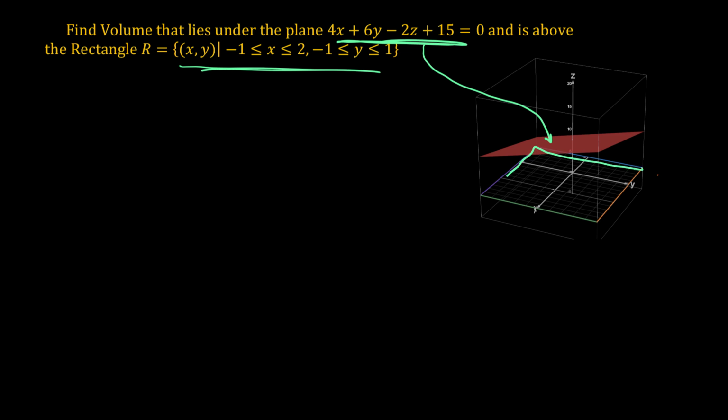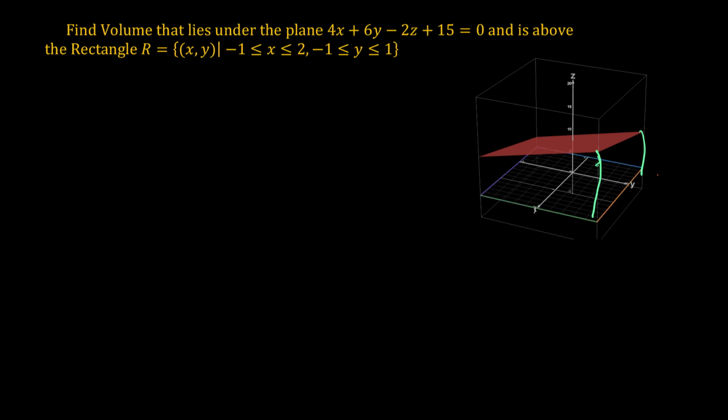So this is the rectangle that you can see here, below the plane and above this rectangle. So we want to find the volume of this solid. Attention that we don't need to have the graph of the plane and the rectangle, but it's good to have an idea about what we are calculating.